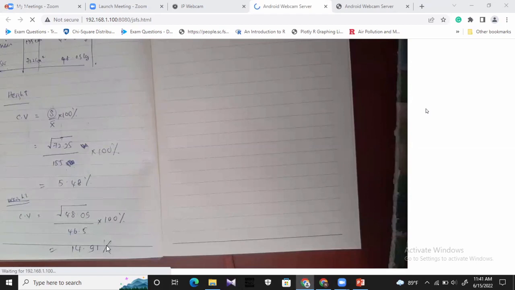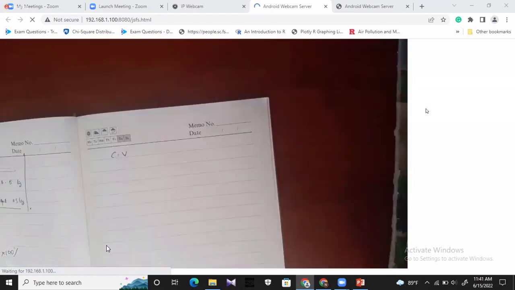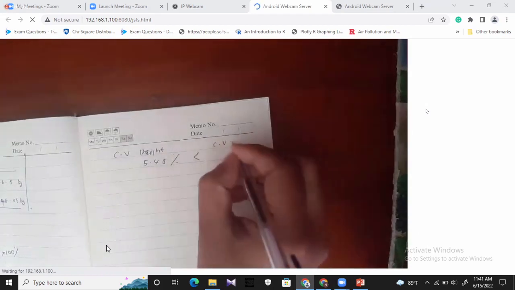That should be 14.91, because if you compare these two, coefficient of variation for the variable height, 5.48, is less than coefficient of variation of weight, that is 14.91.